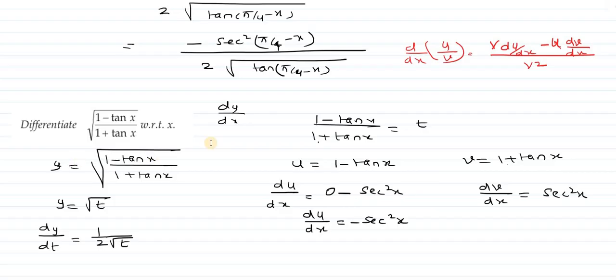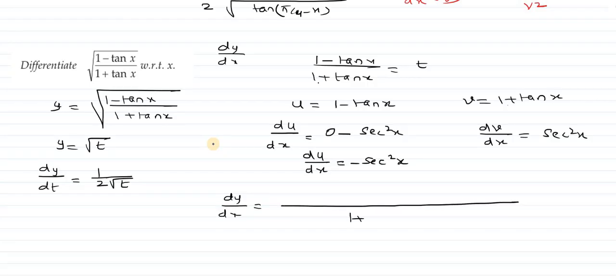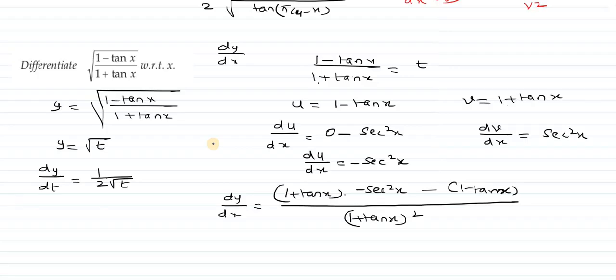Correct? Now substitute in that formula. So dy by dx, in the denominator v square. v square is 1 plus tan x the whole square. v du, correct? v I have written, du by dx is minus secant square x. Then minus u. What is u? 1 minus tan x, correct? Into dv by dx, that is secant square x.